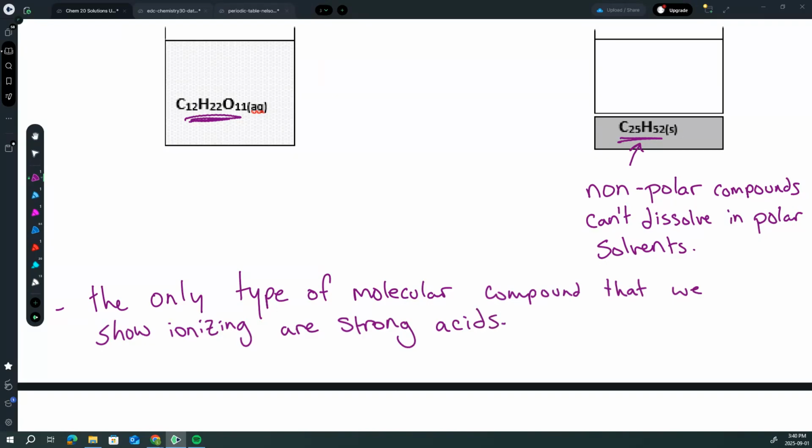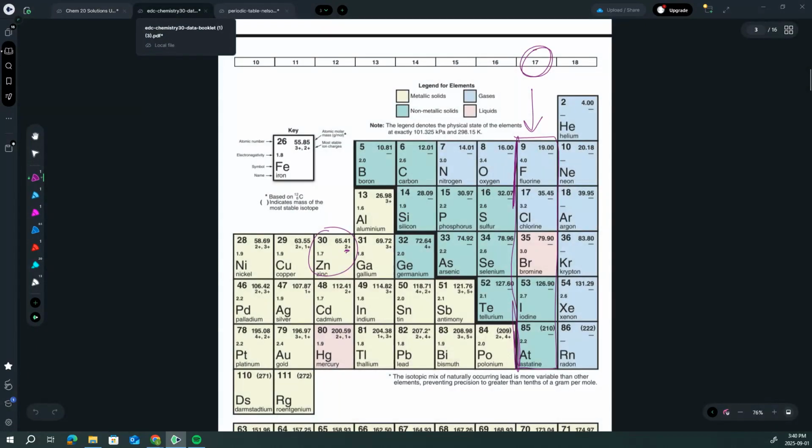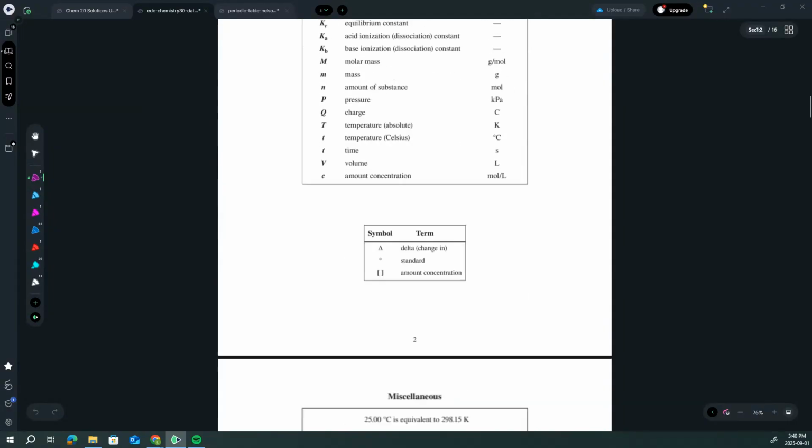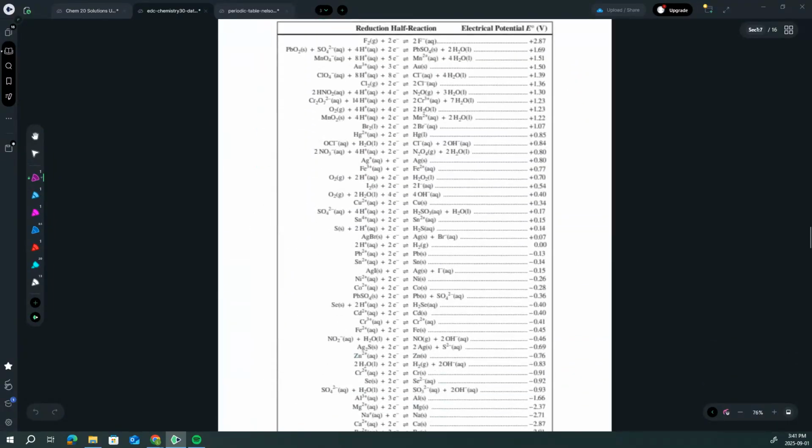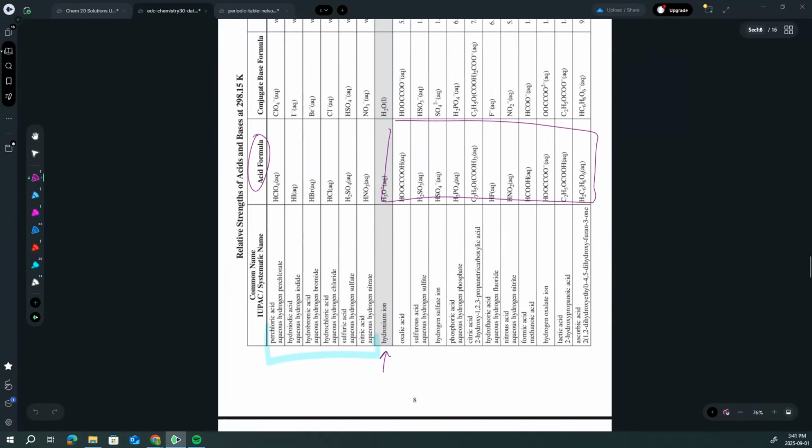So how do we tell if something's an acid or not? It's either going to begin with H or end in COOH. And how do we know if it's a strong acid compared to a weak acid? Well, you go to page 8 of your data booklet, and anything above that gray hydronium line is going to be a strong acid.